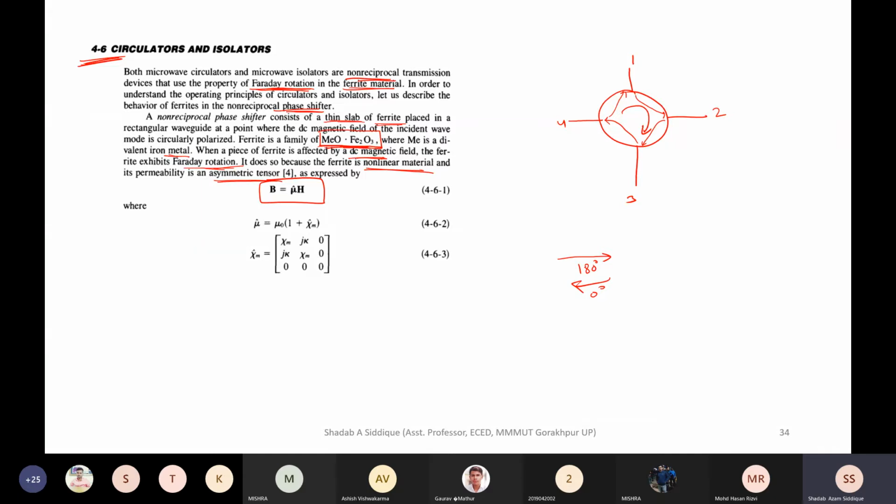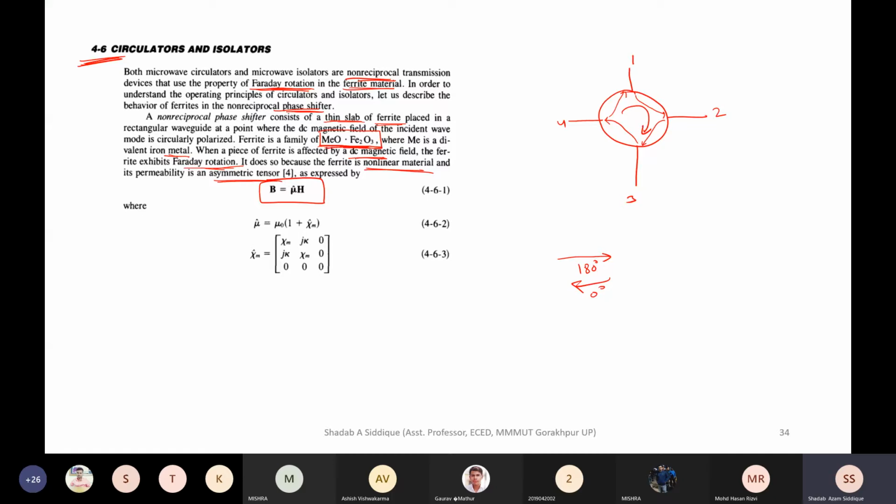For the phase shifter, we use a thin slab of ferrite material placed inside the rectangular waveguide. The incident wave, linearly polarized in the rectangular waveguide, becomes circularly polarized at the point where the DC magnetic field of the incident wave becomes circularly polarized.